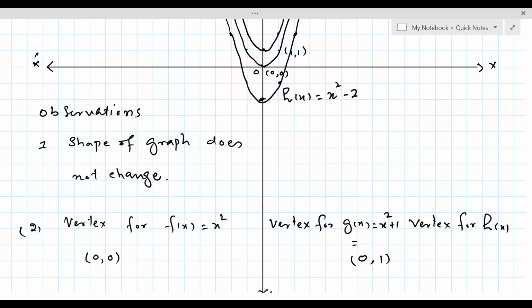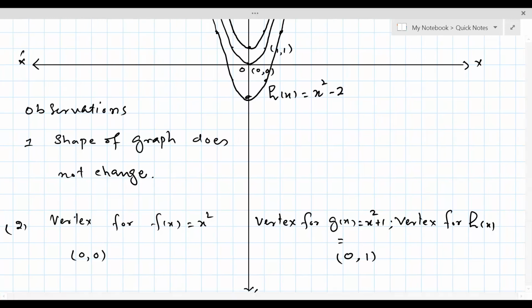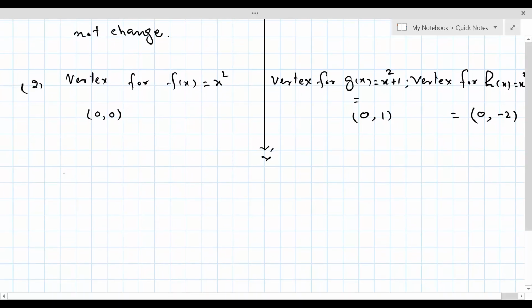And for vertex of the graph of h of x equal to x square minus 2, here in this case the vertex has become 0, minus 2. So you can see that the general rule is that f of x equal to x square plus k.